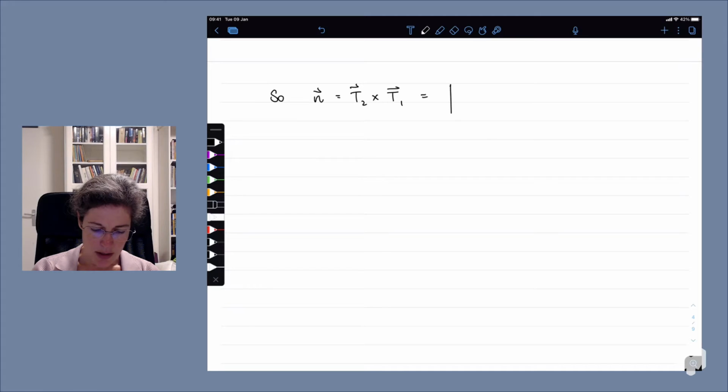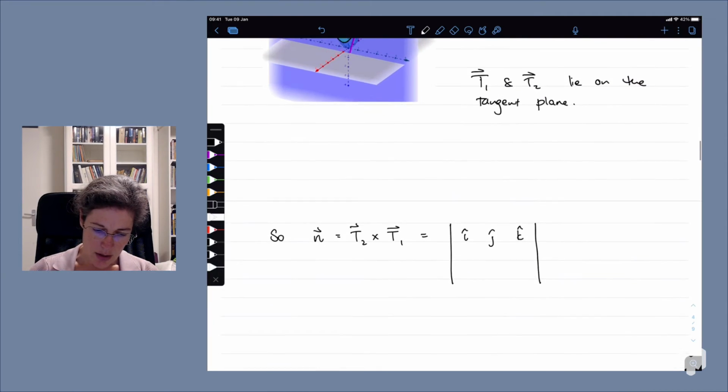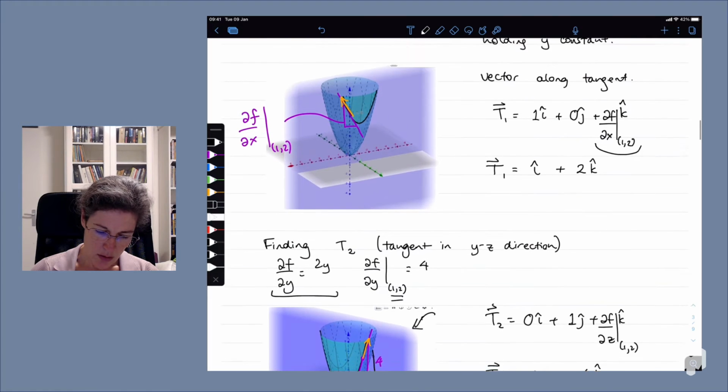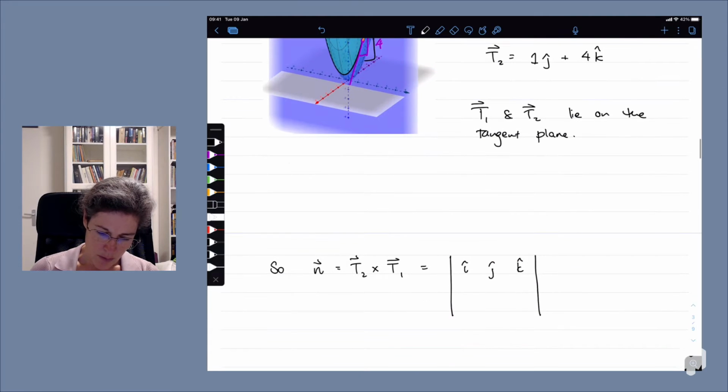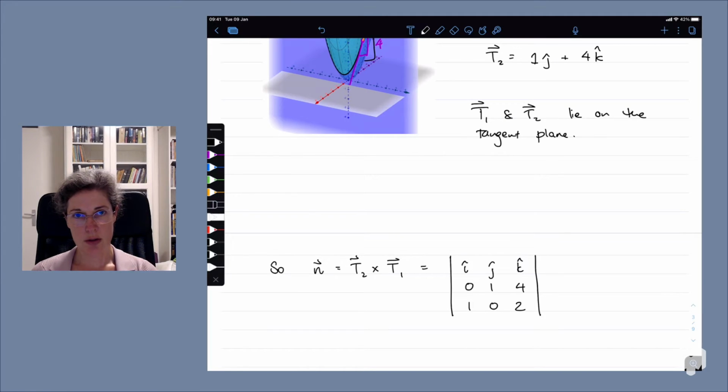So let's put that into our determinant. So I've got an i hat and a j hat and a k hat. And let's make sure that I get these right. So i and 2k, so that's 1, 0, 2. And it should not be 1, 0, 2 because that is my t1, and I want t2 to go first. So I should have 0, 1, 4, which is my t2, and then 1, 0, 2, which are the components of t1.